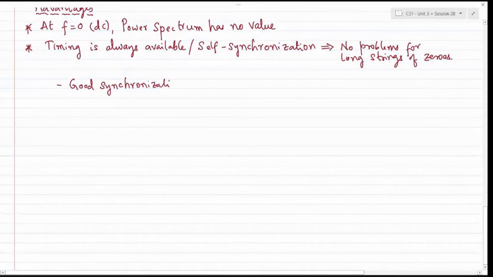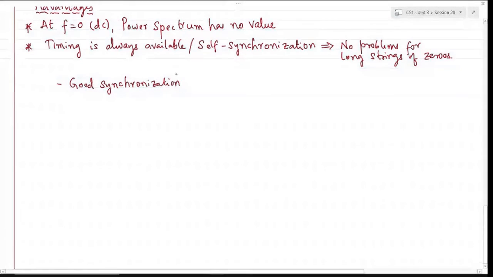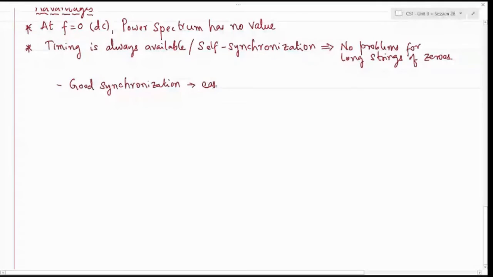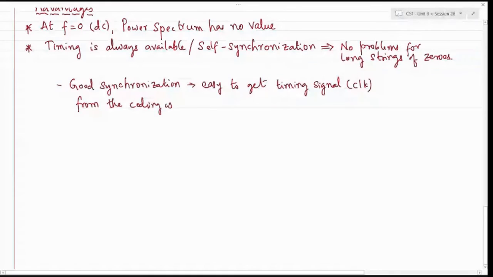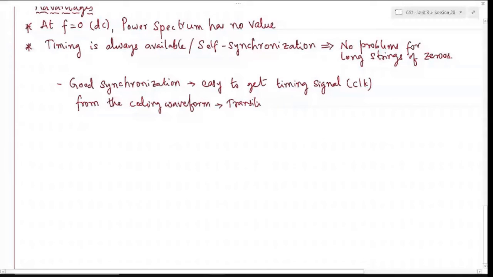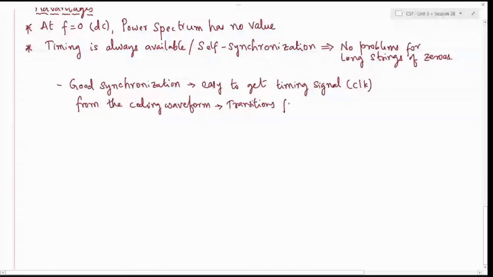What I mean by this good synchronization is that it's easy to get the timing signal or clock signal from the coding waveform itself, because of the fact that there are transitions for both bit 0 and bit 1.